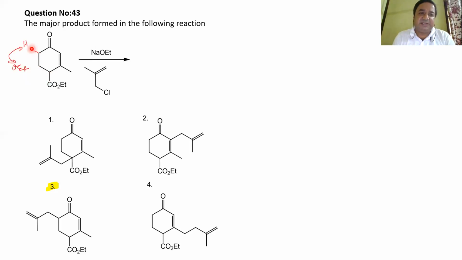If you compare the acidity of these two protons, then what we will understand is that this will be more acidic for the simple reason that in a CO2Et, there is a +M effect from the OEt group. Hence, it will stabilize the carbanion on the carbon less, whereas a keto group will have a greater stability. Hence, selectively, I will say that more and more carbanions will be formed at this particular carbon.